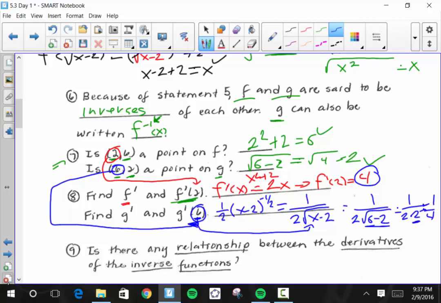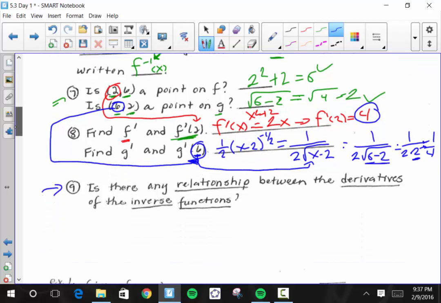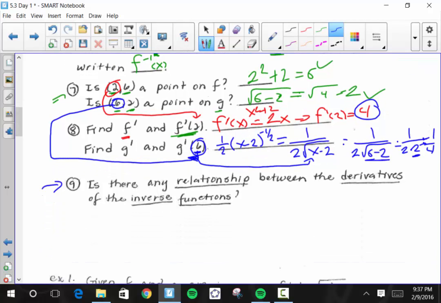So next, part 9 says, hey, are there any relationships between the derivatives of the inverses? Well, let's look at them. The derivative of this inverse was a 4, and the derivative of this inverse was a 1. Oh, not that. It was a 1/4. So I guess they're flipped. Yeah, there is a relationship. It looks like they flip.